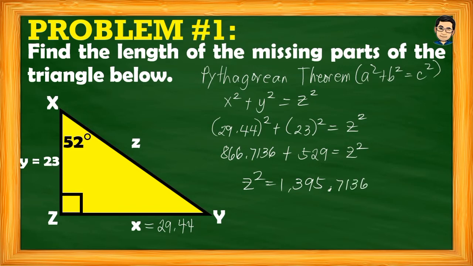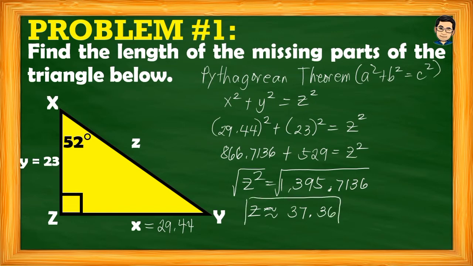And then we need to extract the square root of both sides. So we take the square root of our sum. The square root of 1,395.7136 is approximately equal to 37.36. So as you can see, the hypotenuse we got is greater than the measure of the two legs.